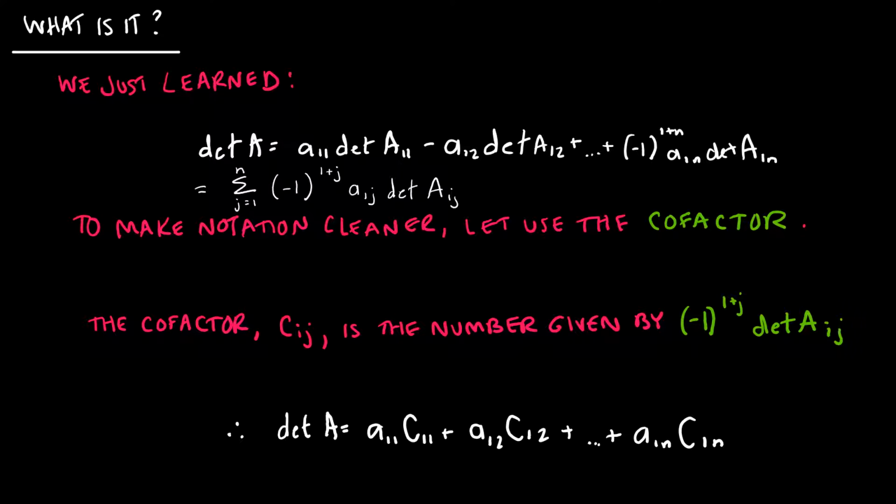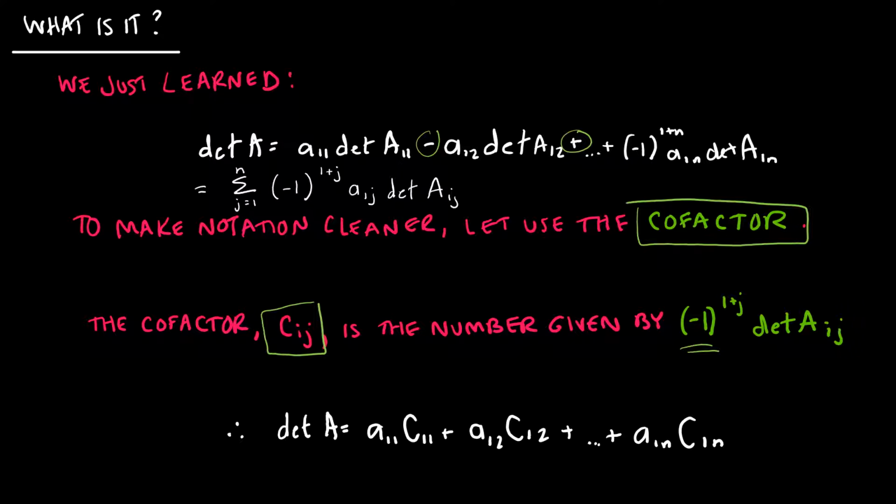So we want to write this a little bit cleaner still, and to do that we're going to use something called the cofactor. We haven't talked about cofactor before, and yet it's something that is going to look very familiar to us. The cofactor, which we're going to denote Cij, is essentially going to take over the whole plus minus thing that we have going on.